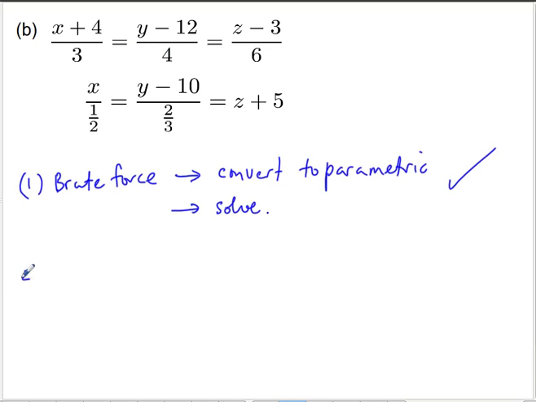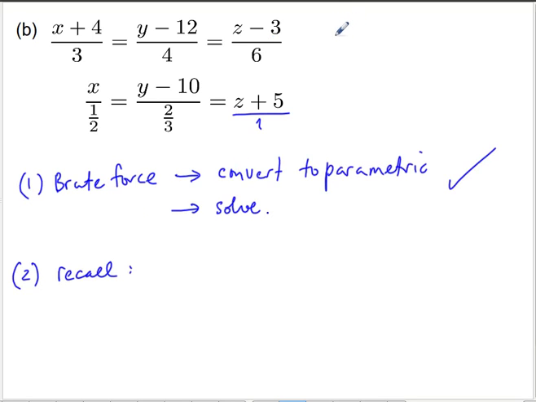But there actually is a second option available to us here, which is to recall that in symmetric form, the denominators, and just to remind you, the denominator of this one would be 1. The denominators of these fractions represent the direction vectors.